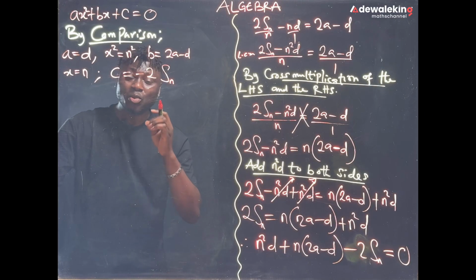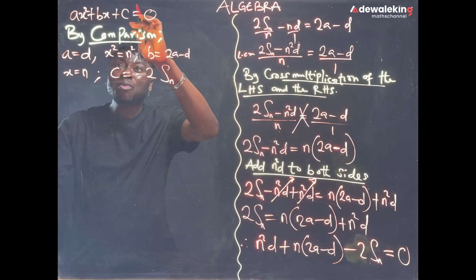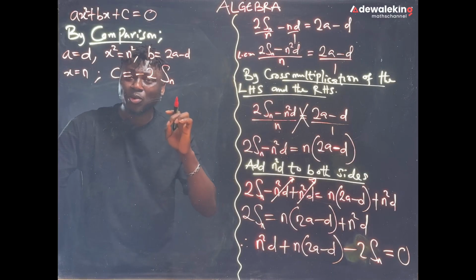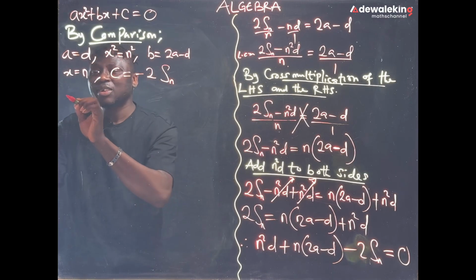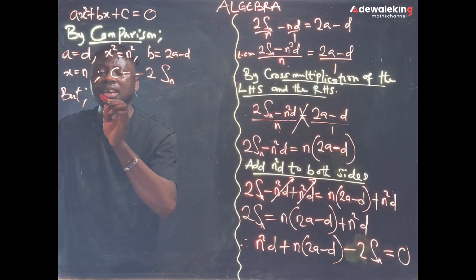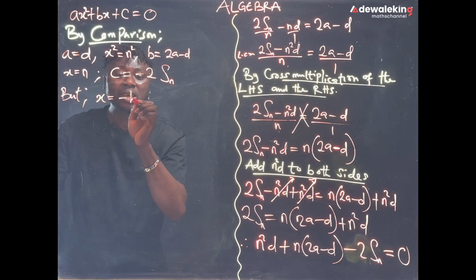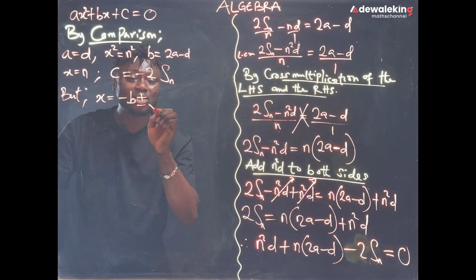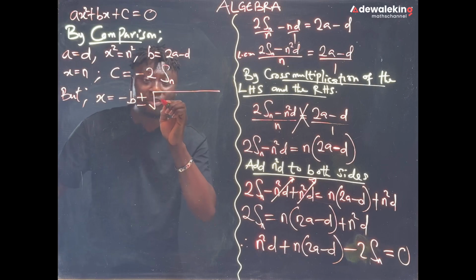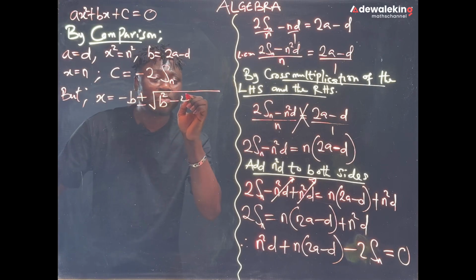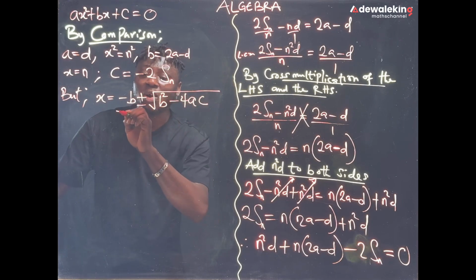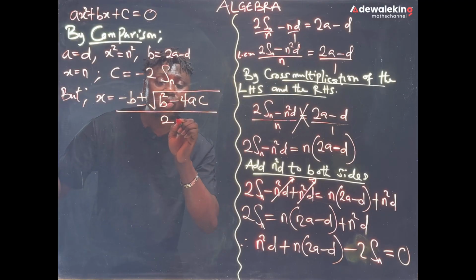From here, we know that the formula for solving a quadratic equation is x is equal to minus b plus or minus the square root of b squared minus 4ac all over 2a.